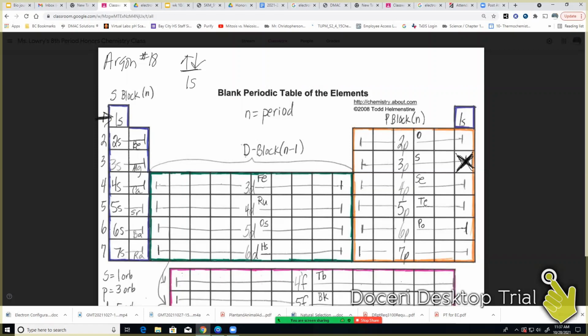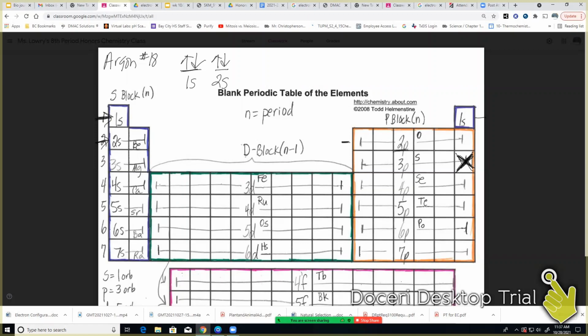I'm going to give it 2 arrows. That's all that I have in period 1. Now I'm going to come to period 2. The first thing that I have in period 2 is my 2s. Once again, just one line because S's have one orbital and it is full. So I'm going to draw 2 electrons. So that puts me right here.